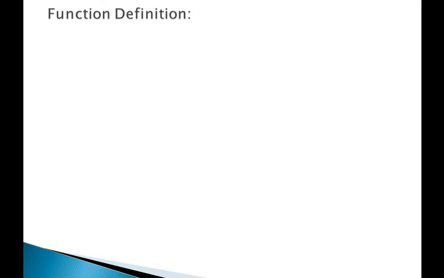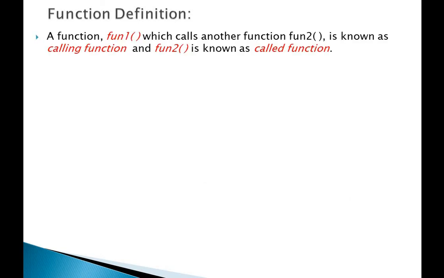We have different points related to function definition. As we discussed already, there are two terminologies, called function and calling function. A function fun1 which calls another function fun2. In this case, fun1 is known as the calling function and fun2 is known as the called function. We pass some input to a function.